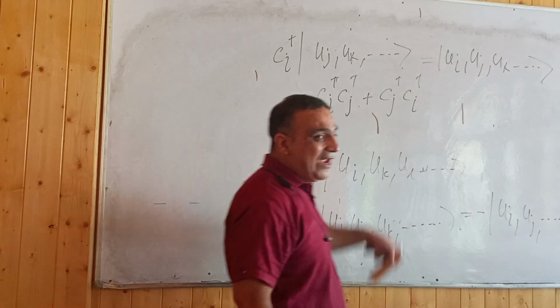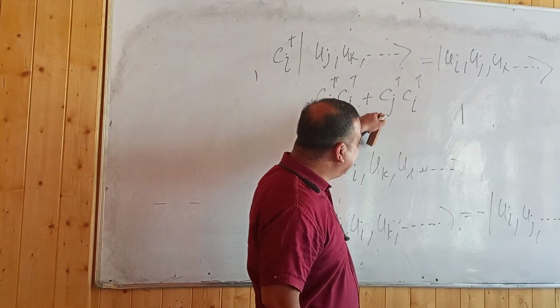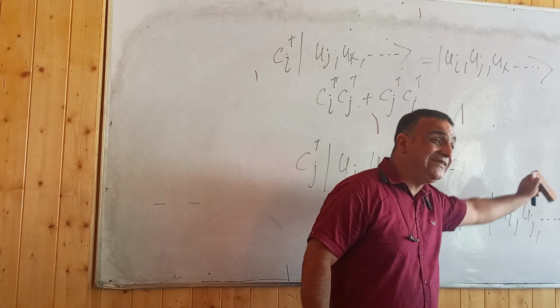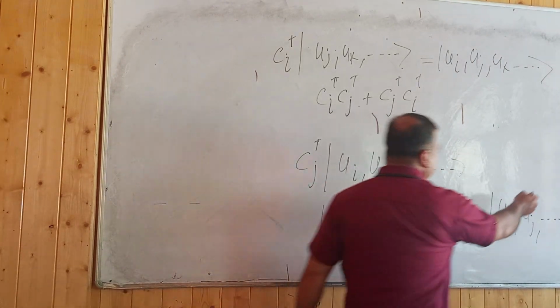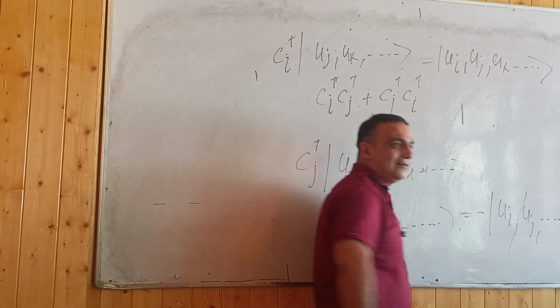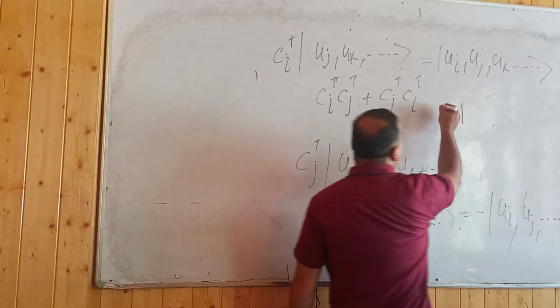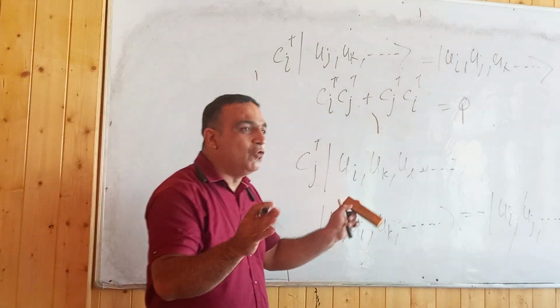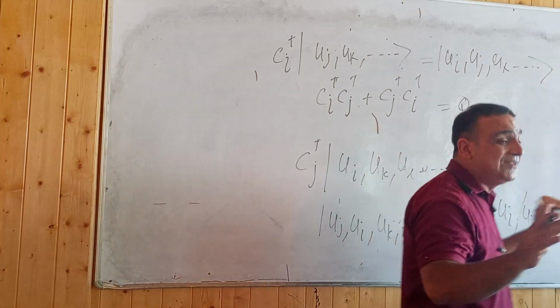Now look at the two equations. You have to add them, but you have a negative sign, and you are with the same quantum states. They will cancel. Will they cancel? Yes. And what you will get? You will get 0. So what is happening? The two fermions anti-commute with each other.